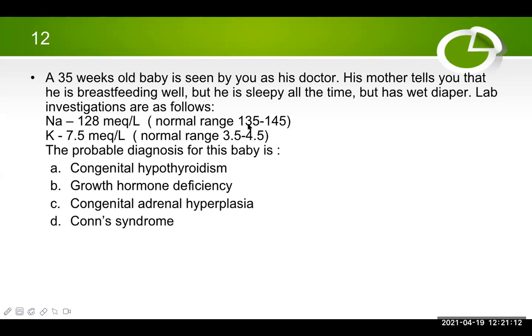Look at the normal range 135 to 145. Potassium 7.5 milliequivalent per liter. Normal range is 3.5 to 4.5. So the most probable diagnosis in this boy is congenital hypothyroidism, growth hormone deficiency, congenital adrenal hyperplasia, or Conn syndrome. What do you think? What is going on here?